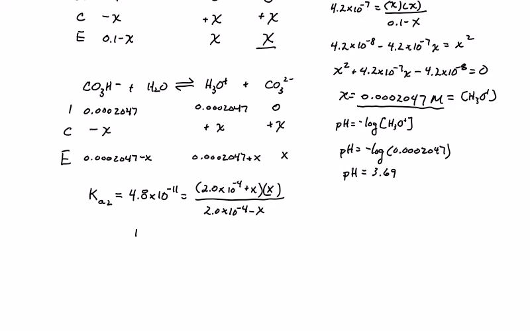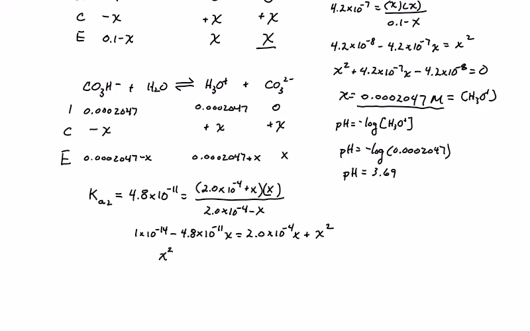Okay, so we get 1 times 10 to the negative 14th minus 4.8 times 10 to the negative 11th x is equal to 2.0 times 10 to the negative 4th x plus x squared. And we can simplify this down into quadratic form. Okay, so we wind up with x squared.